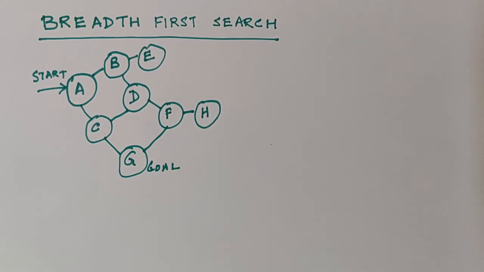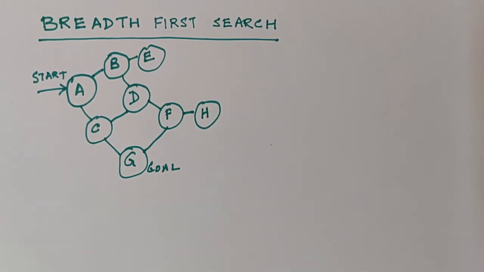Here the strategy for removing a particular path from the available frontier will be the path which has the shortest length, in terms of steps starting from the start node.